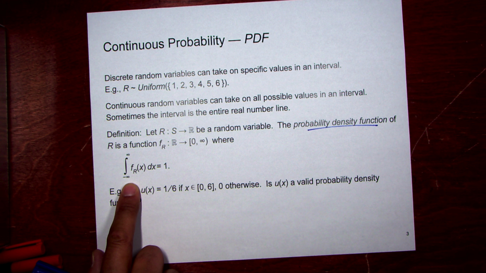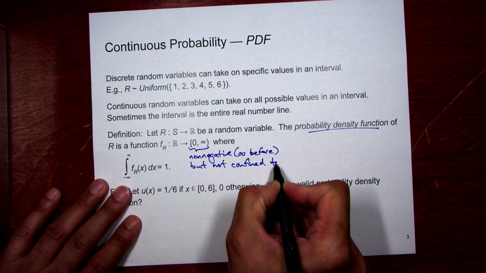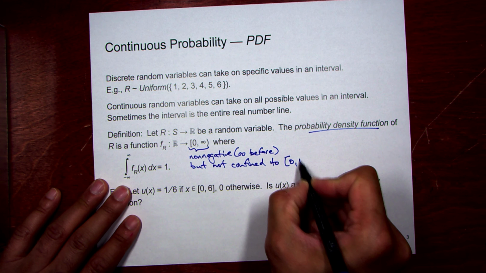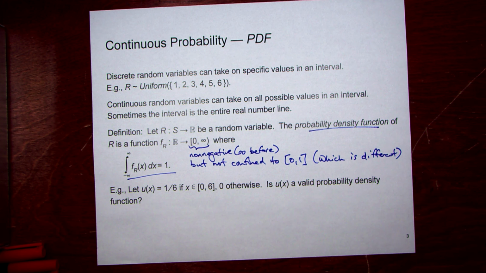We had probabilities before that were non-negative, but everything had to be between 0 and 1 before. This idea of adding everything up and it totals 1 is the same as it was before, but we're using an integral symbol instead.